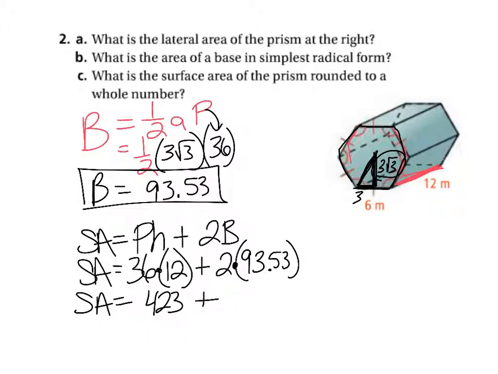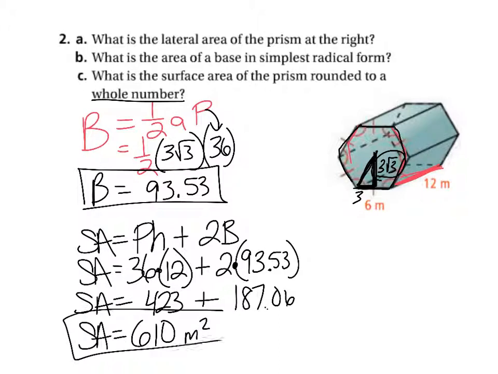I'm going to do 2 times 93.53, then I get 187.06, add the 423 to it, and I'm left with 610.06. Now, the directions do say round to a whole number, so actually I'm going to be done at my 610 meters squared.